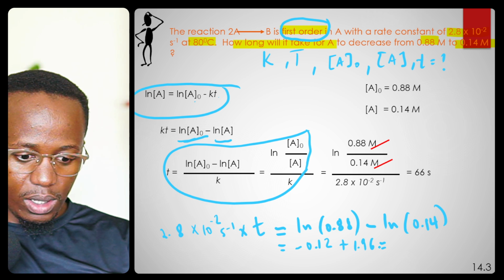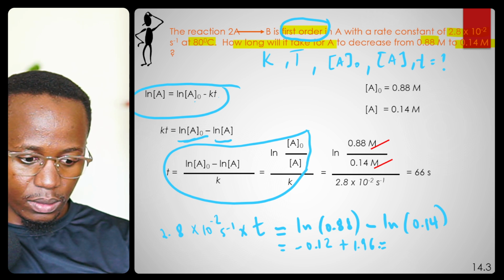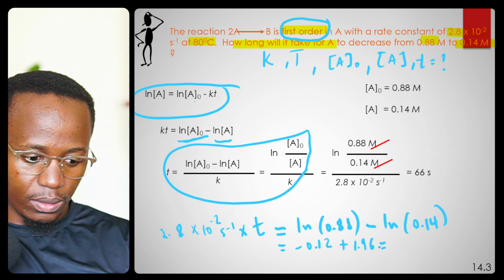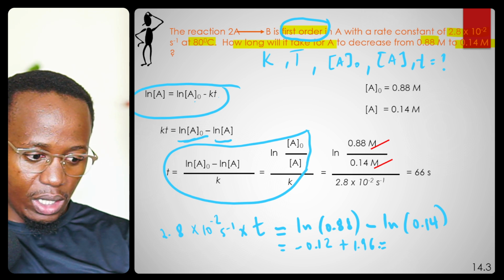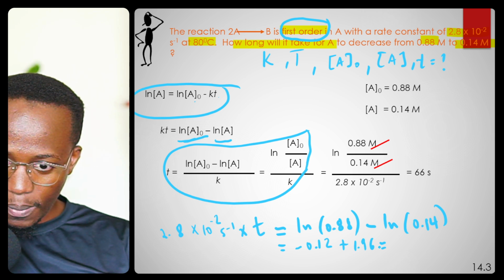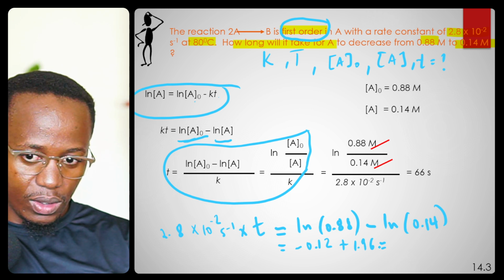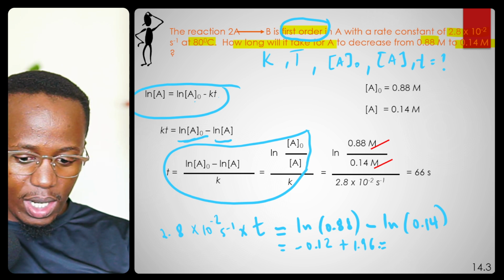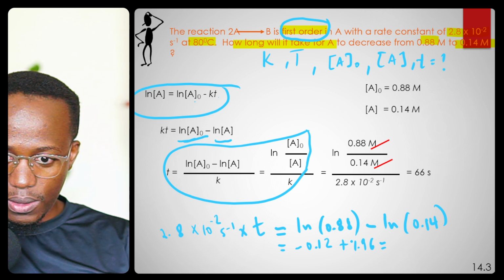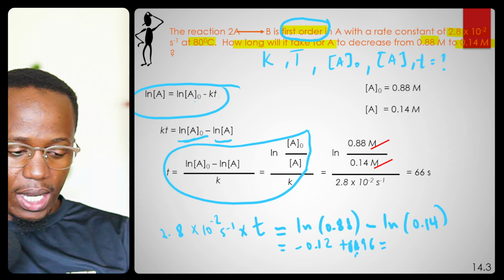So this one is going to be equal to, no, it's 0.196, not 196. I don't know where I got the 196. This is why you have to practice, guys.